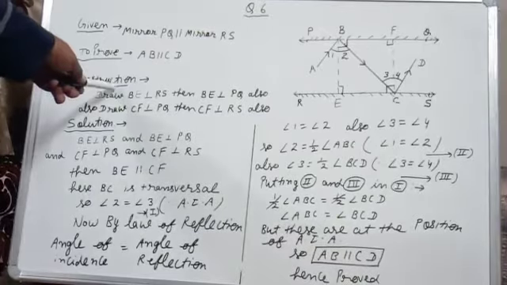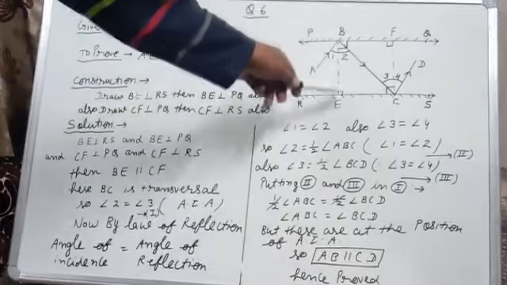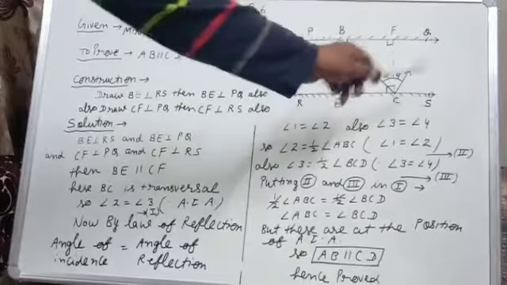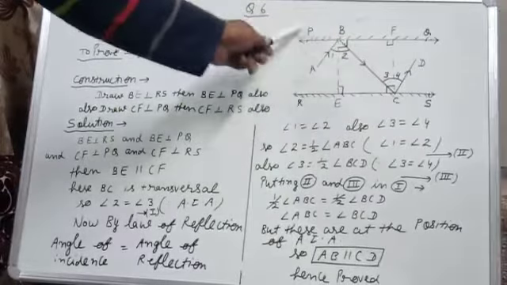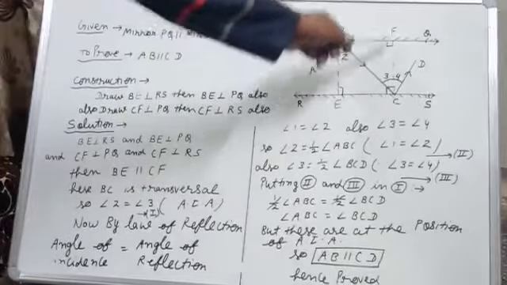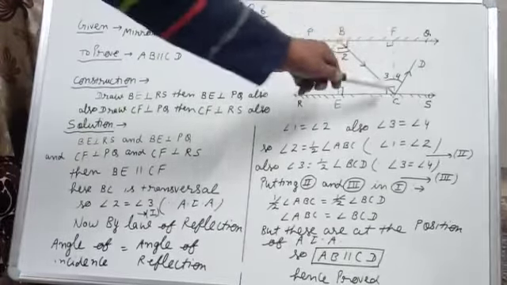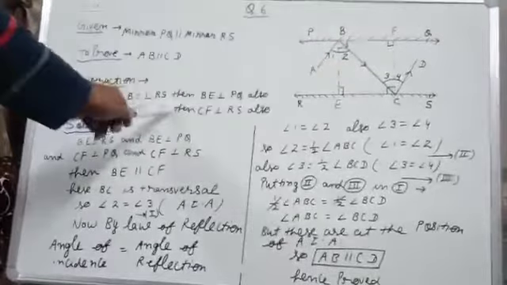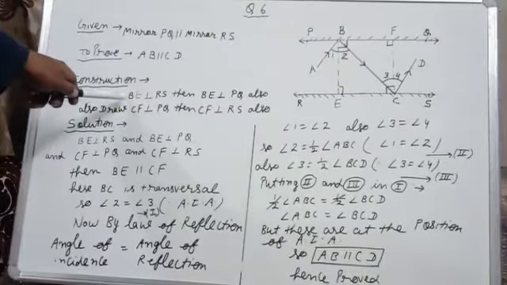So here we will do the construction. Let us draw BE perpendicular to RS. If BE is perpendicular to RS, automatically it will be perpendicular to PQ also. Also we draw CF perpendicular to PQ. When CF is perpendicular to PQ, it is automatically perpendicular to RS also. So this is the construction.